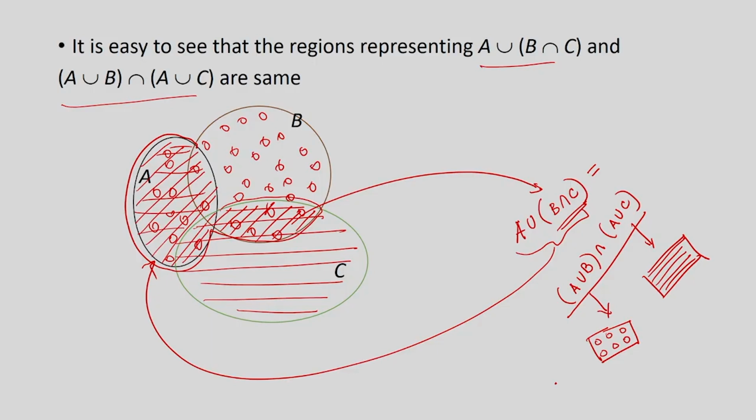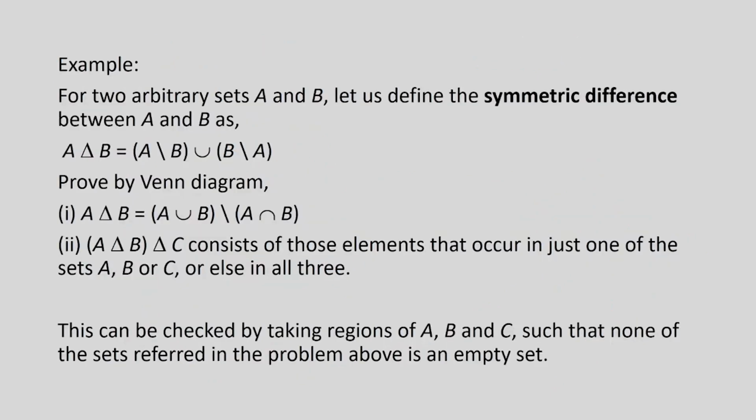But remember, this is also the portion which is on the left hand side also. So, that we have found out before. So, therefore, we have proved that the LHS is equal to RHS by the help of the Venn diagrams. All right.